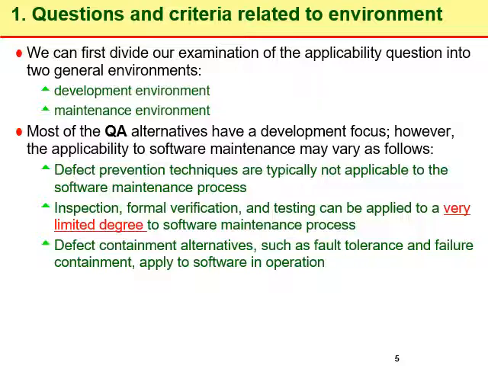For example, when a problem is reported by some customers, we can perform related inspection, verification, or testing activities to locate the problem as well as to ensure that the fixing of the problem indeed would correct the problem. Then defect containment alternatives such as fault tolerance and failure containment apply to software that is in operation, that is in execution.